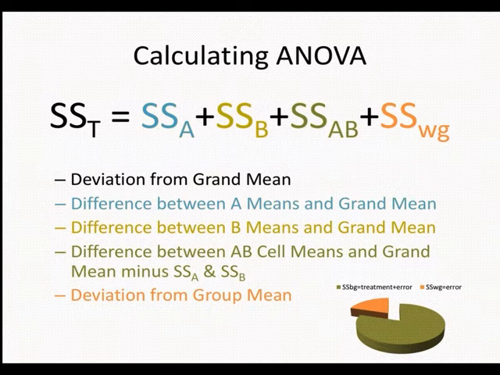And then for the AB interaction, it will be the difference between the AB cell means and the grand mean, and then minusing the SSA and SSB. So we're not going to talk about calculation today, but just want to give you that overall concept.